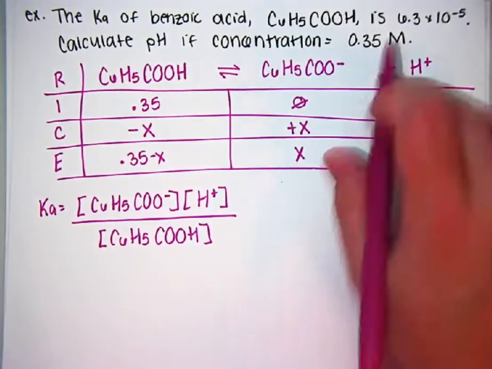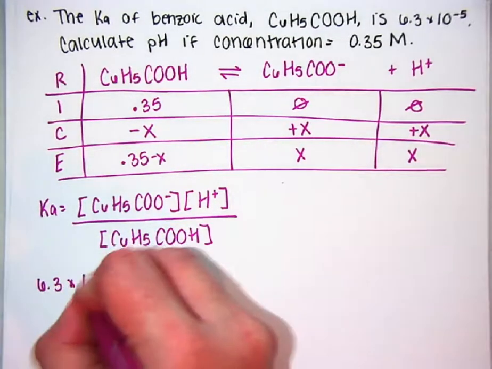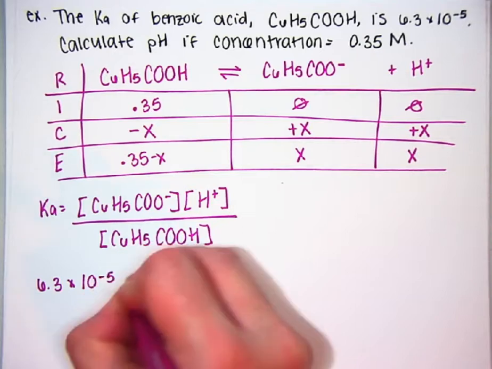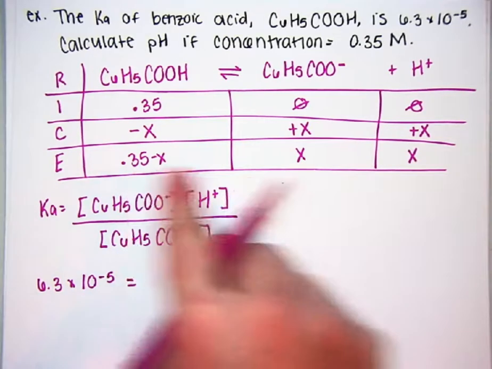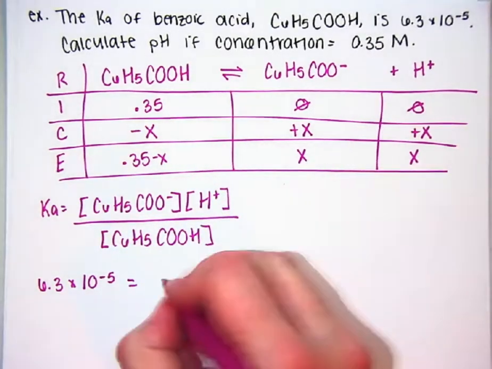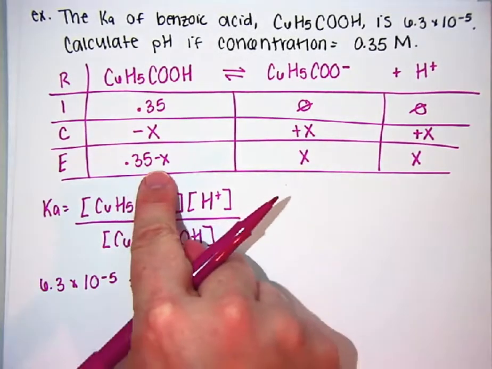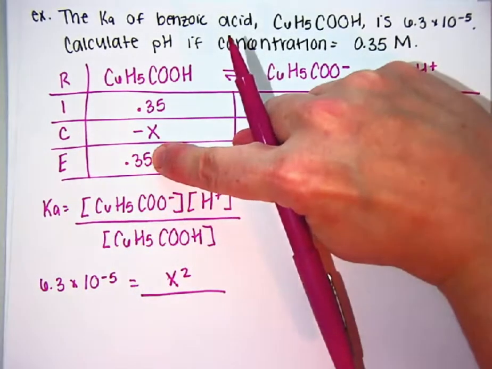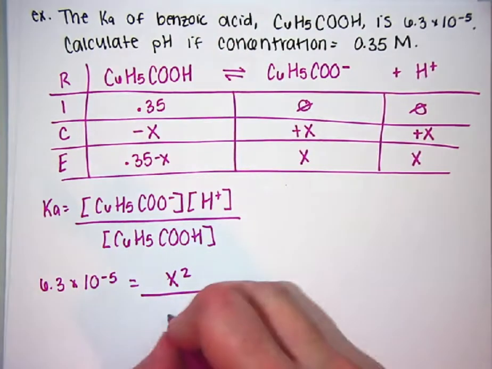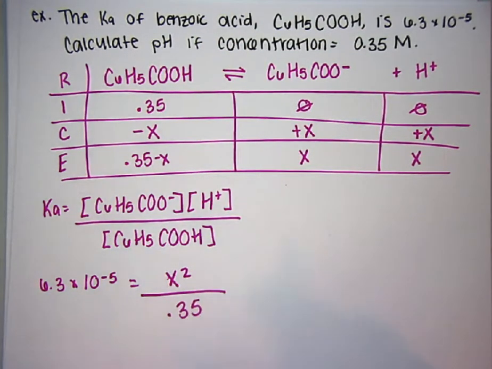We were told that our Ka is 6.3 times 10 to the negative fifth. This is an equilibrium expression, so you want to look at our equilibrium row. X times X gives me X squared. I'm going to assume X is negligible, so the concentration of benzoic acid, I'm just going to put in 0.35. And now let's solve for X.